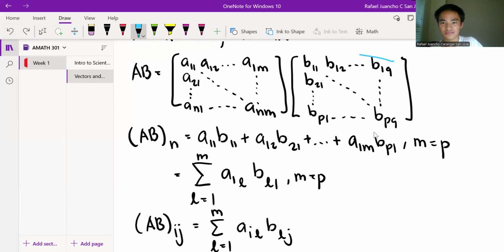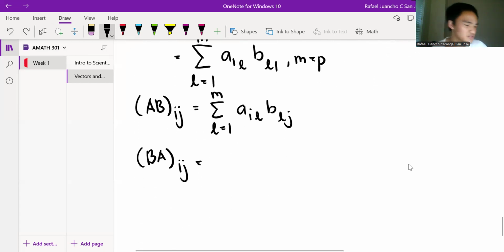Then we go again, now you go to the second column. Notice that for A, this time we're looking at the columns, and for B, this is the one where we're doing the row thing. So actually, in summation, this is easy.